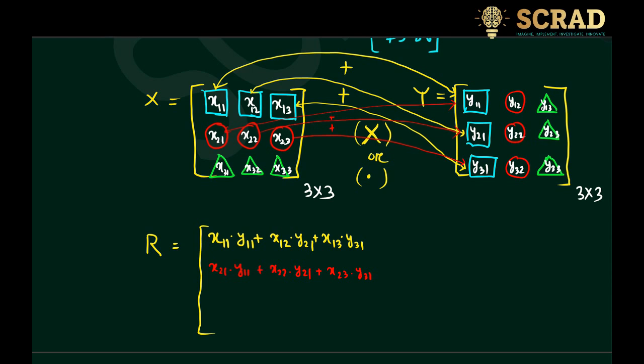Again, we multiply x 31 with y 11, x 32 with y 21, x 33 with y 31. All these multiplications we know. So this is how we are going to multiply.